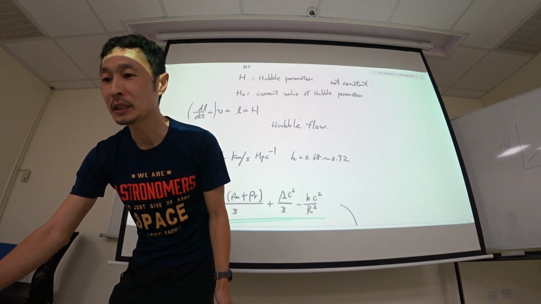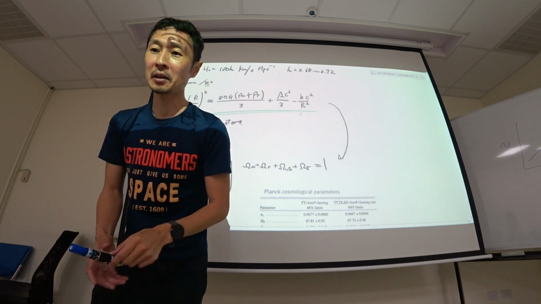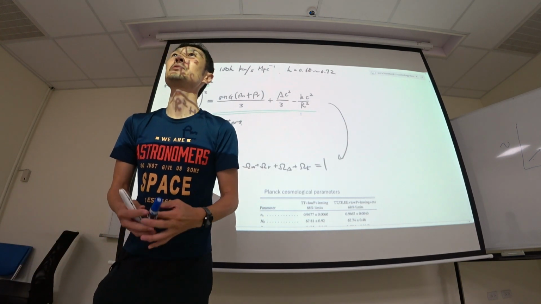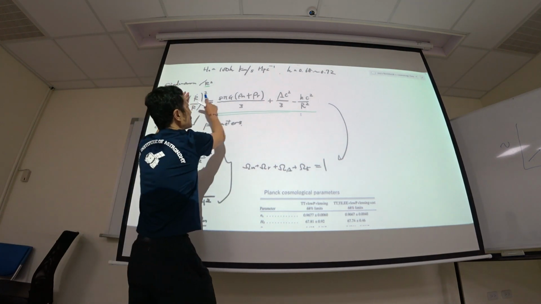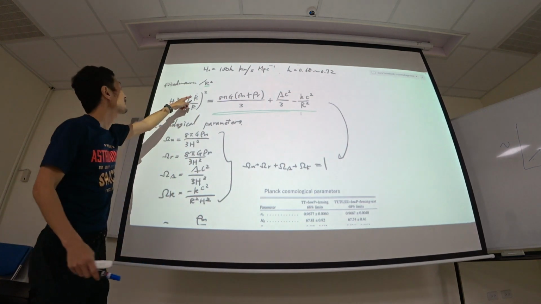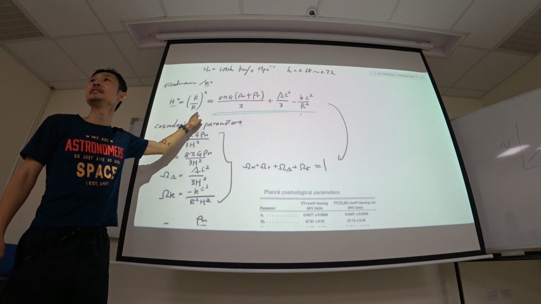Now we go back to the Friedmann equation to describe the universe. This was the Friedmann equation from here to here. And as you can see, this R dot divided by R, what is this?